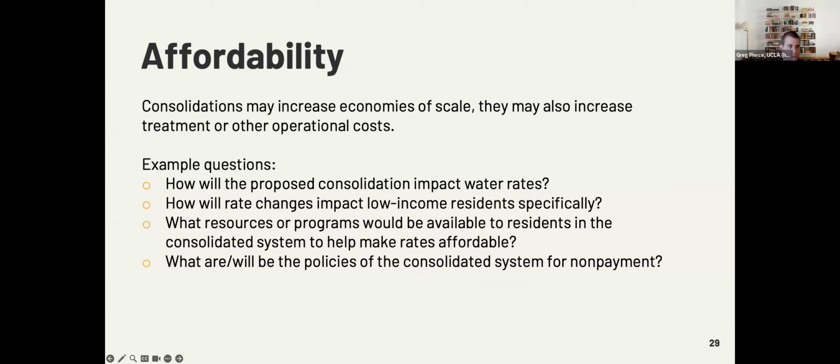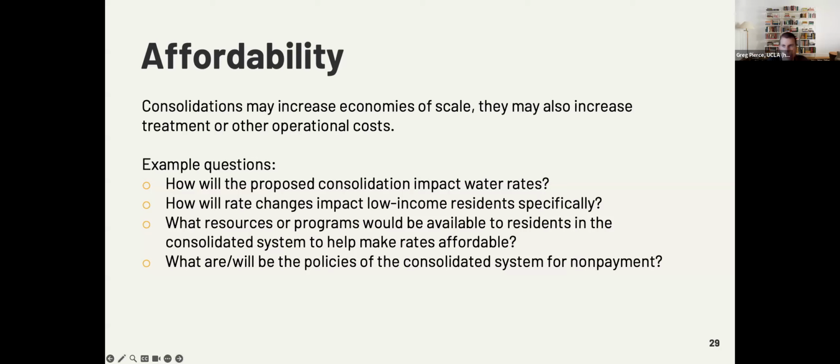But additional questions here include, how will rate changes impact low-income residents specifically? And what are some of the non-rate financial policies or affordability policies of the utility, including policies around non-payment?